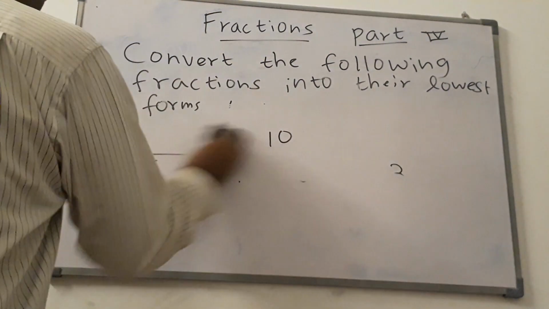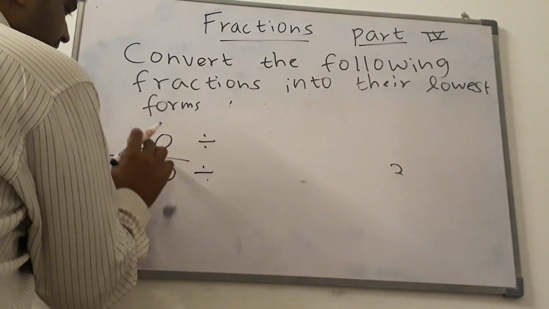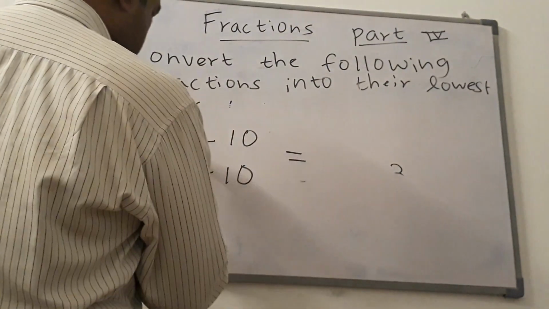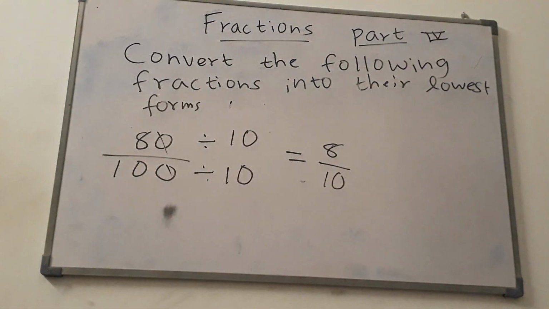Suppose a sum like this for an example: 80 out of 100. As we did before, we can divide both by 10. 80 is divisible by 10, 100 itself is also divisible by 10. So here the answer is 8 over 10, and there's another issue.